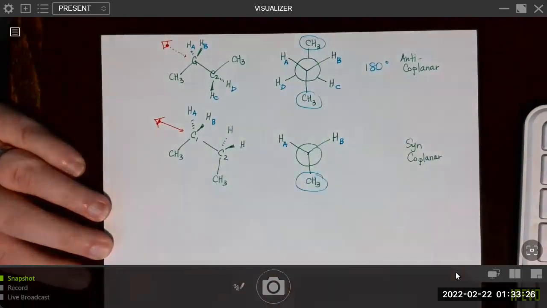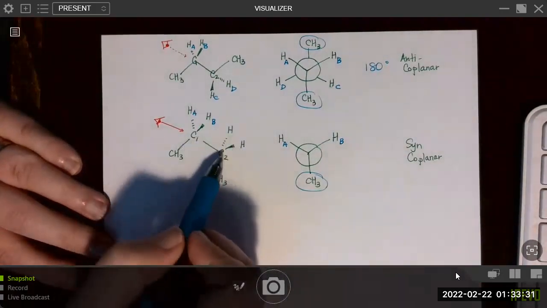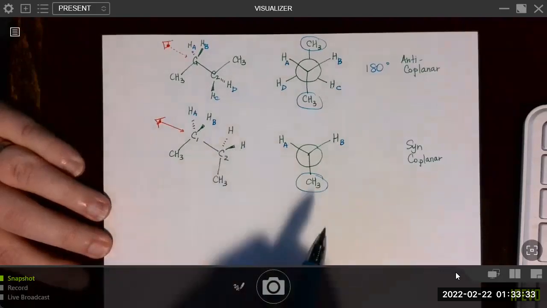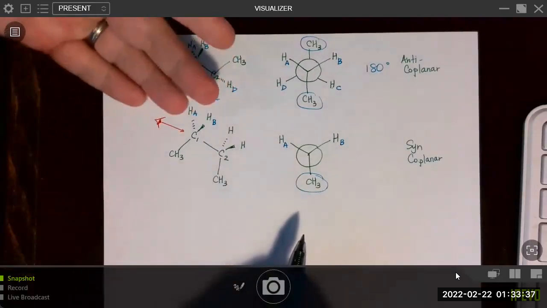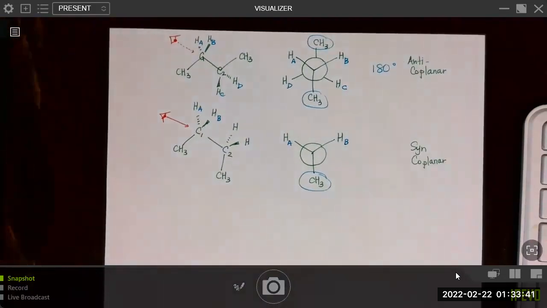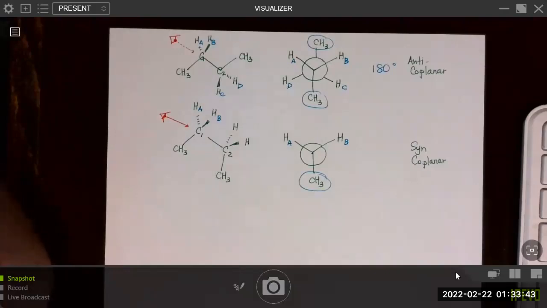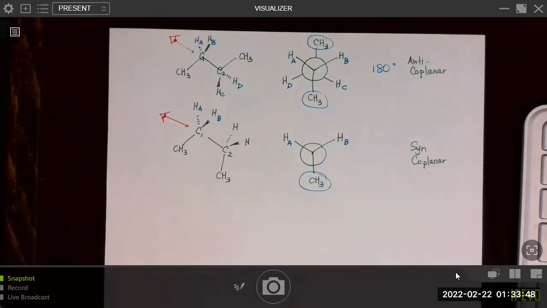Circle that so you can see that we're focused on that. And then as we look down here, what we did is essentially like rotating this 180 degrees or flipping it over. Again, this ability to visualize can be really tricky for students at first. So you can make a model to help you.